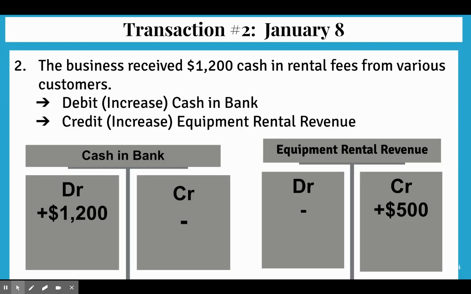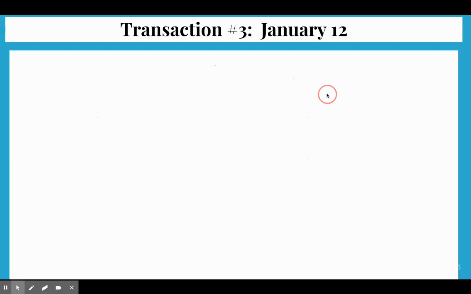So you received money, so you're going to increase your cash in bank, and you're going to also increase the revenue by crediting it. Because you have $1,200 more in cash in bank, that's an asset, and you received more money from this revenue.